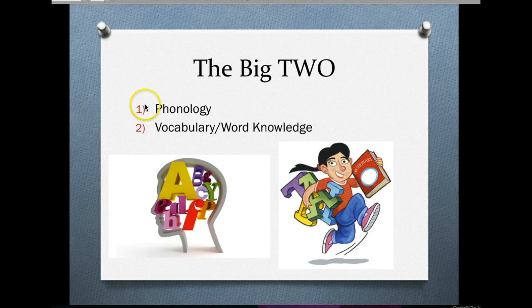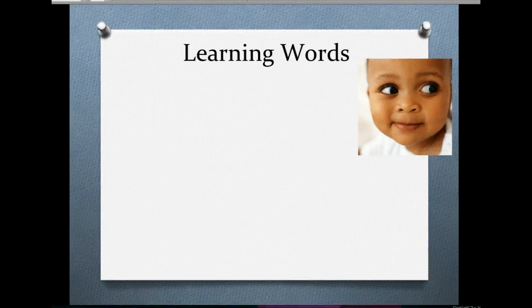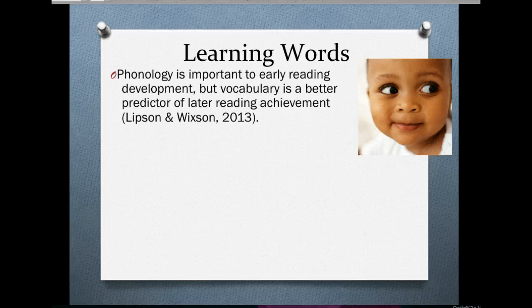But this is highly correlated with early reading, and vocabulary and word knowledge is highly correlated with reading comprehension. And I think I might have that coming up. So learning words, and yes, I do. Phonology is important to early reading, but vocabulary is a better predictor of later reading achievement.